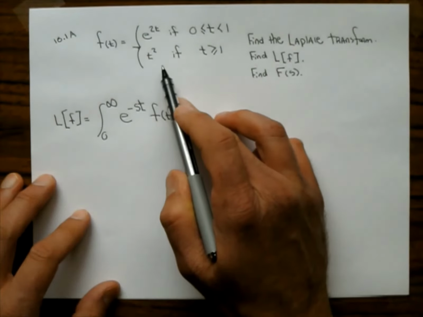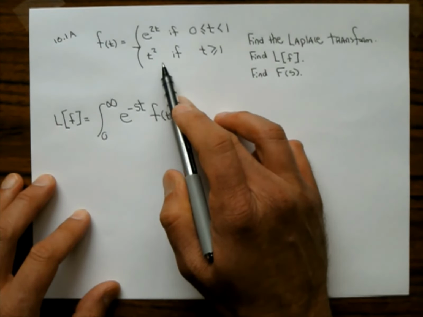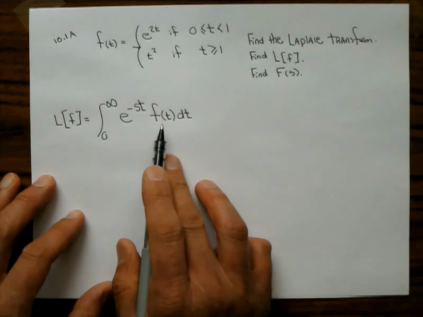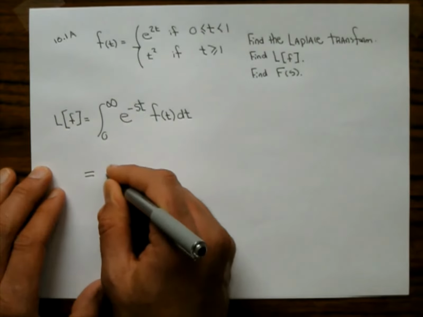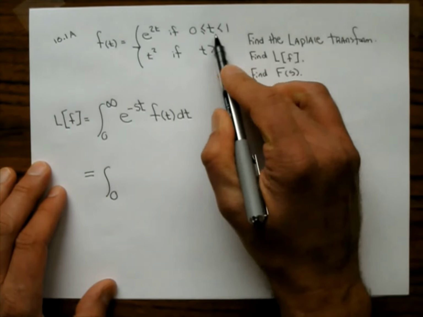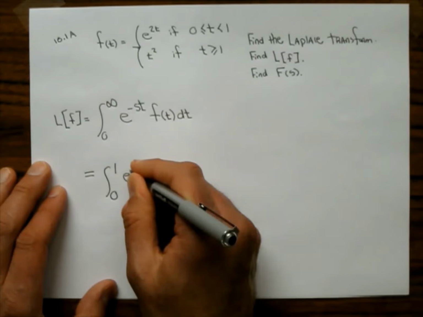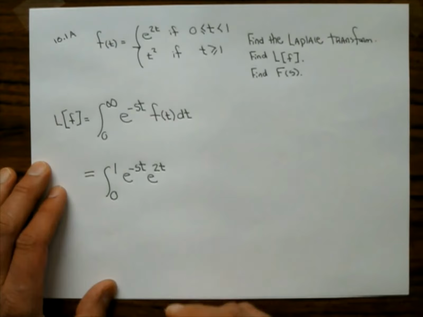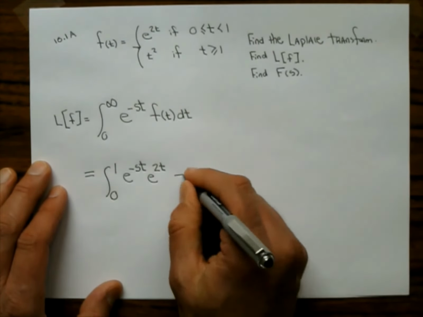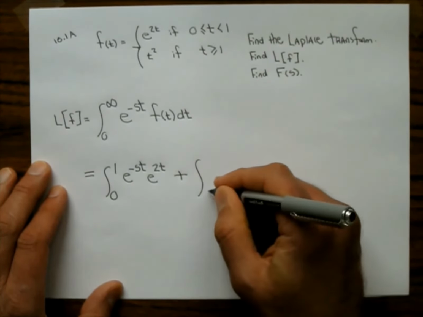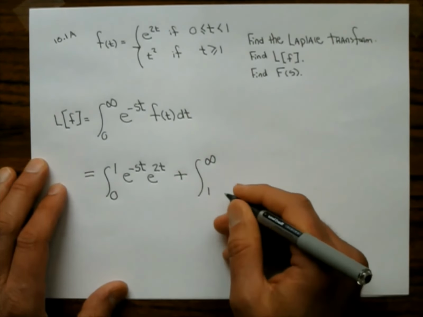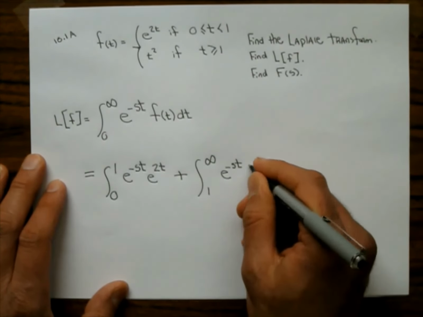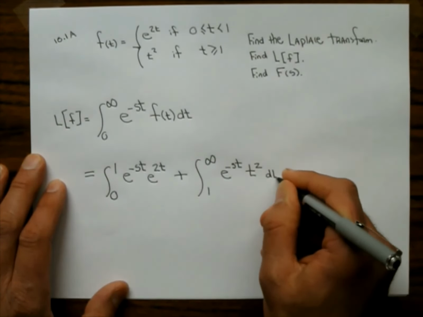It's also piecewise continuous because the discontinuity, I believe, is just a jump discontinuity. So that means we can take the Laplace transform of this. We're going to break up the integral into two parts, from 0 to 1, and the function for that part is e to the 2t. And the next one's going to be from 1 to infinity, e to the negative st, then t squared. And of course, I should be writing my dt's here.